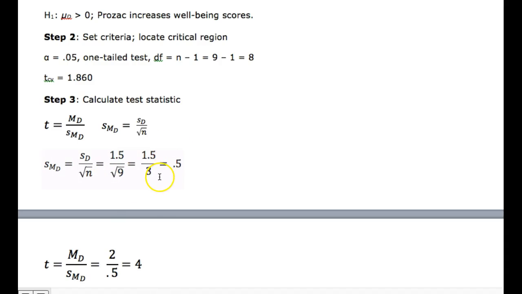So 1.5 divided by 3 is equal to 0.5. That brings us to the formula. We just plug everything in. The mean was 2. Our estimated standard error is 0.5. So our calculated T, or our obtained T, is equal to 4.